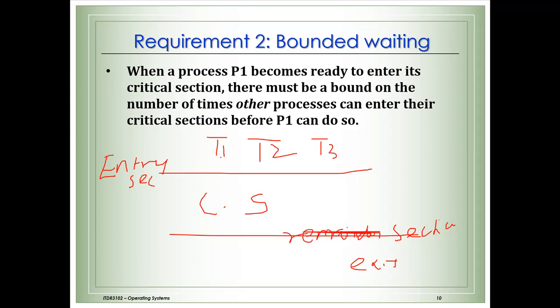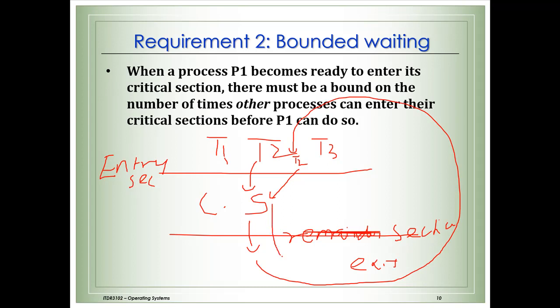T1 wants to enter the critical section. But what happens? T2 goes to the critical section, then comes out to the remainder section, then again T2 comes back to the critical section, then again goes to the remainder section, again comes, again goes to the critical section, but T1 just keeps waiting, T3 just keeps waiting here.